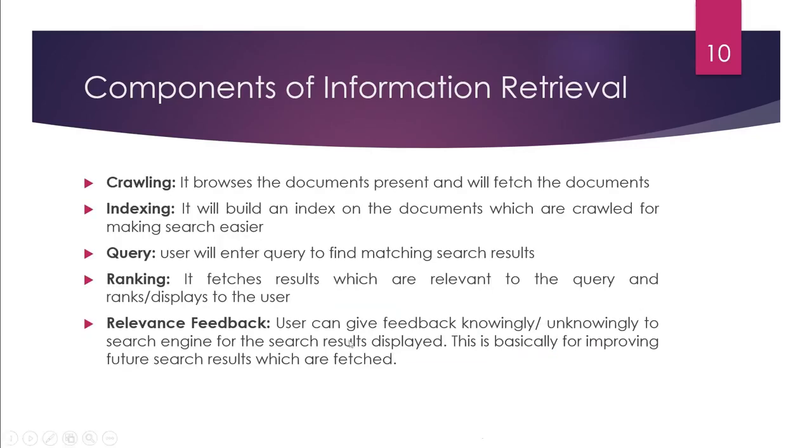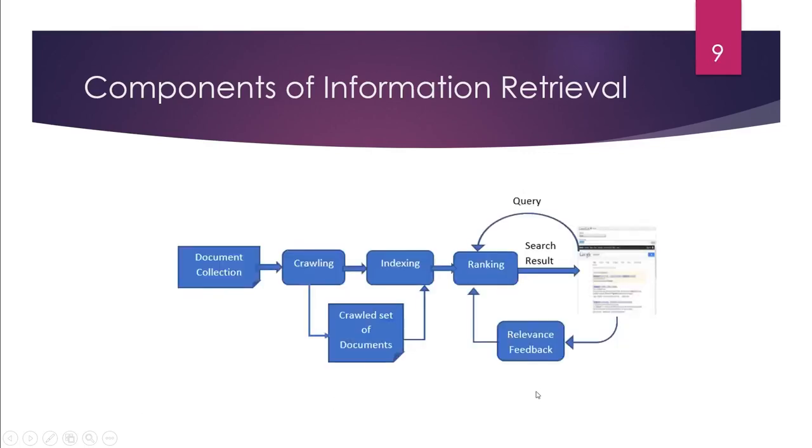If you see here, query is nothing but what the user has entered to find a matching set of results. And ranking is, it fetches the results which are relevant to the query and ranks or displays them to the user. Now, whatever search criteria has been entered by the user, first it will find a similar set of results. Based on this similarity, the most similar document to the query which has been entered will be given a rank as 1.